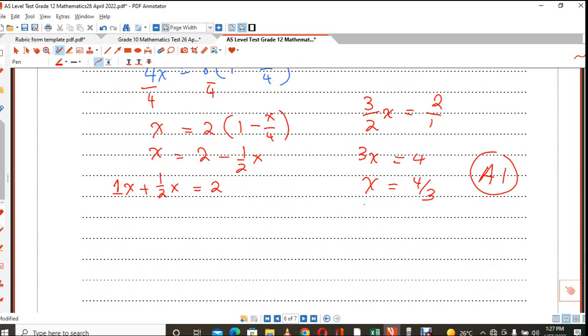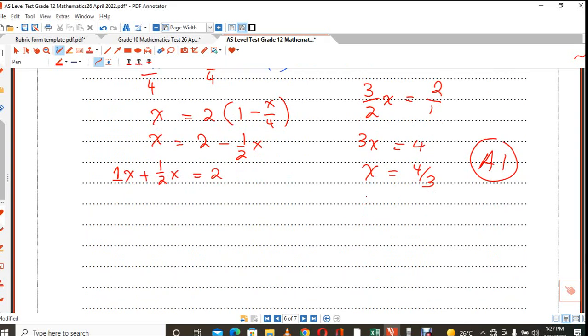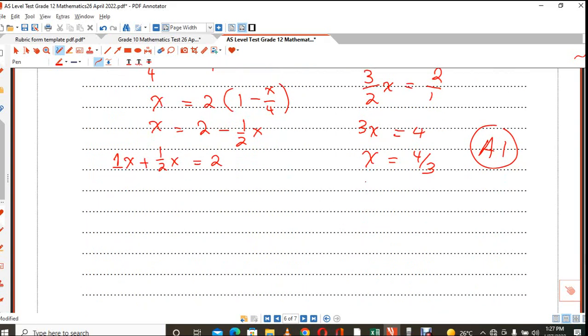Now, you're supposed to find the third term. Some of you use the formula. The first term is x squared. No. The third term. I'm just going to do this. I'm taking the second term and I multiply by the common ratio. By the way, what is the common ratio?